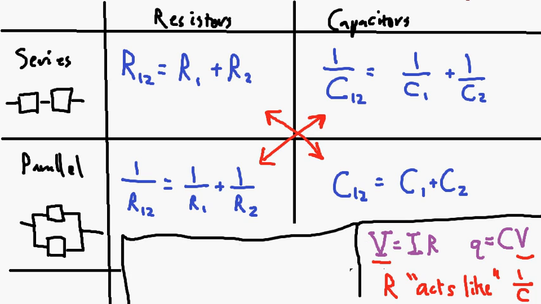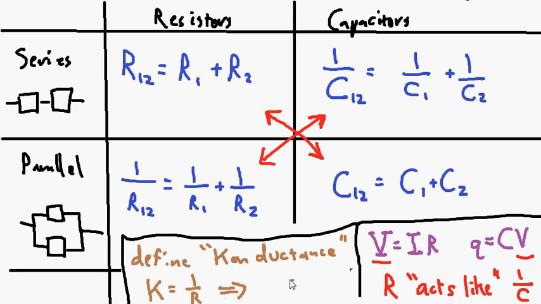Define conductance: K equals 1 over R. Then Ohm's law becomes I equals KV.